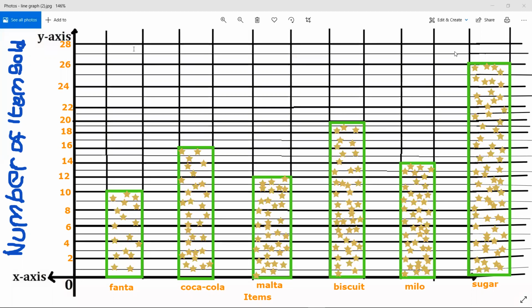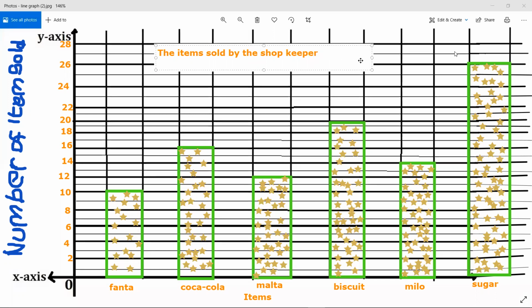So you can write the title: the items sold by the shopkeeper. So you have done. Okay. Good.